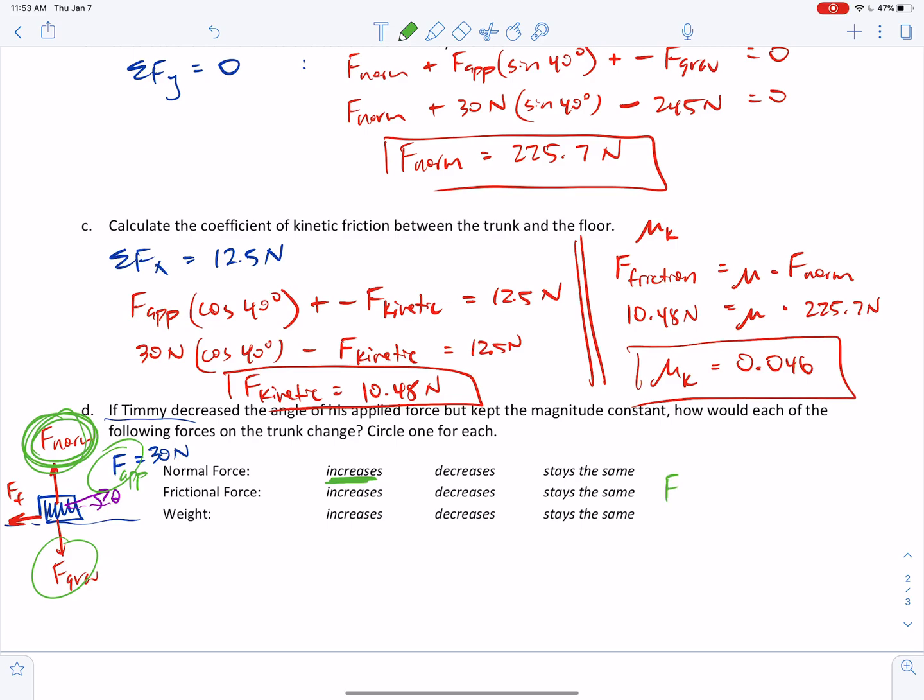Well, we looked up here that the frictional force was equal to the coefficient times the normal force. Well, if the normal force increases, if this goes up, then the frictional force will necessarily increase as well because it's dependent on the normal force. So the frictional force will increase as well.